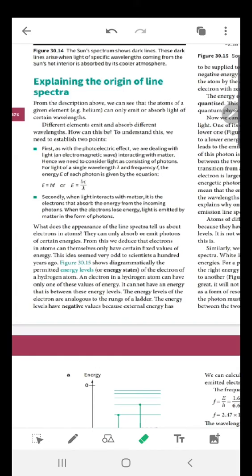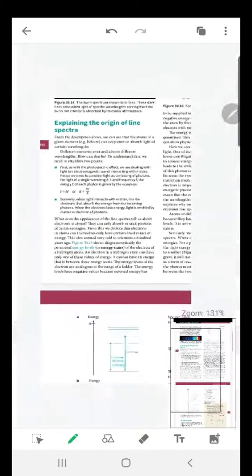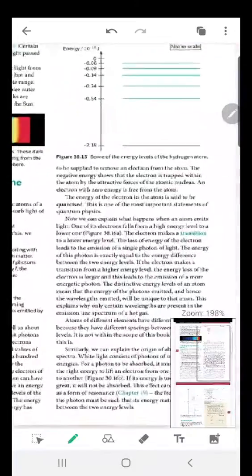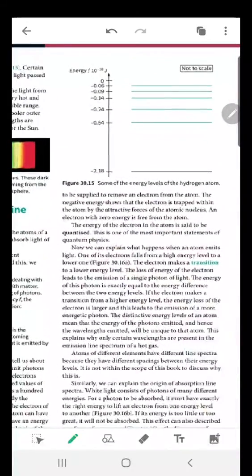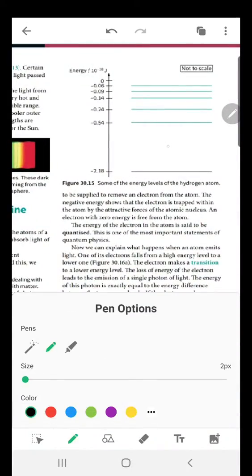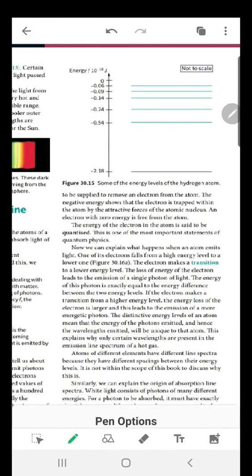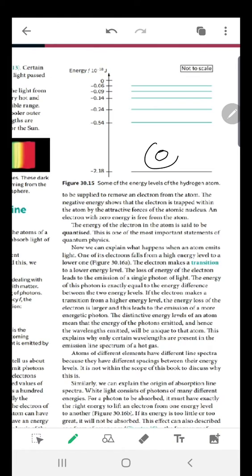You people have studied this particular concept in chemistry also, right? For example, you have these orbits, and this is your nucleus, and these are, let's say, electrons present around it.